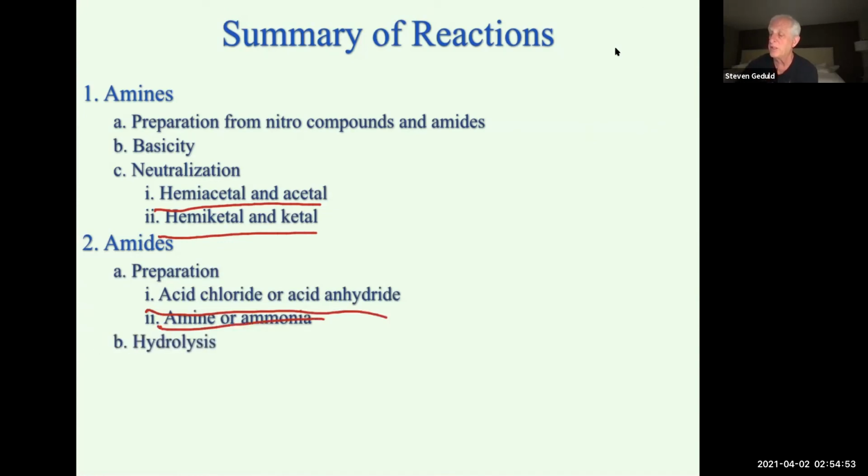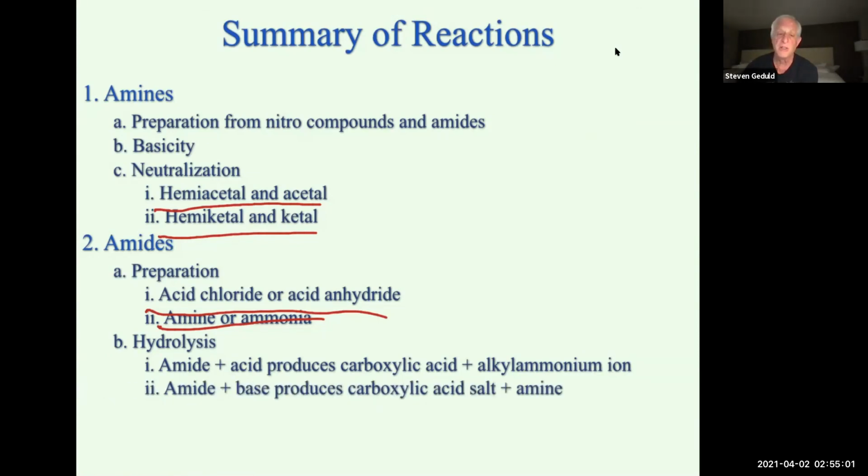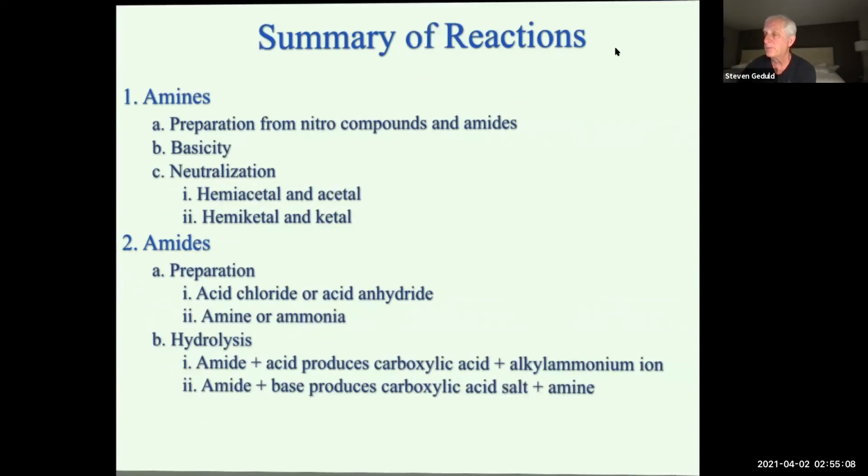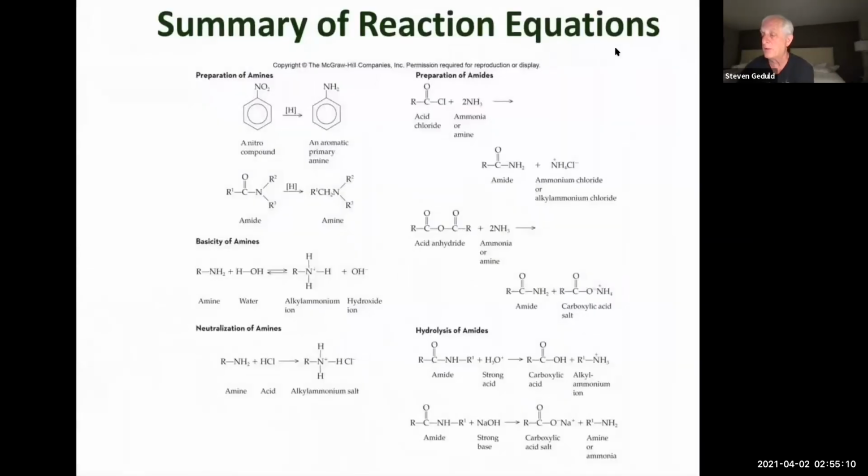And hydrolysis: amide plus acid produces the carboxylic acid and the alkyl ammonium ion. The amide plus base produces the carboxylic acid salt and an amine. And there's a summary of all that we talked about with the different reactions.